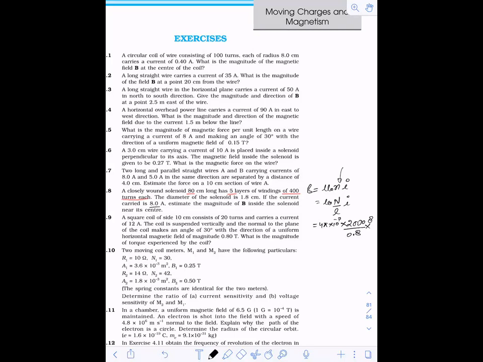Understood. So the angle between the area vector, or the magnetic moment, and the magnetic field is 30 degrees. It is given like that.